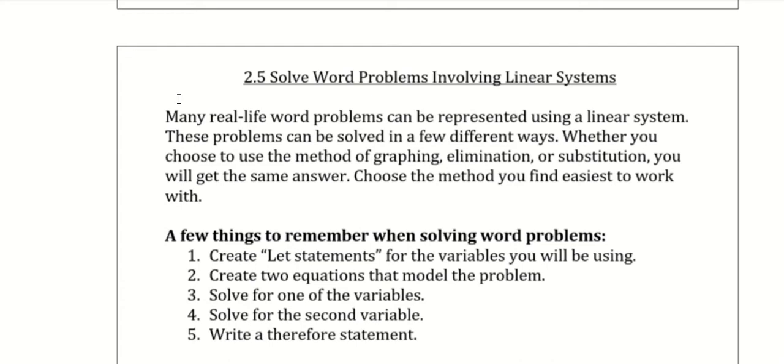Remember that sometimes we can't use graph paper. It's not available to you or what have you. So for a few things to remember, the first thing you should do is create let statements for the variables you are using.